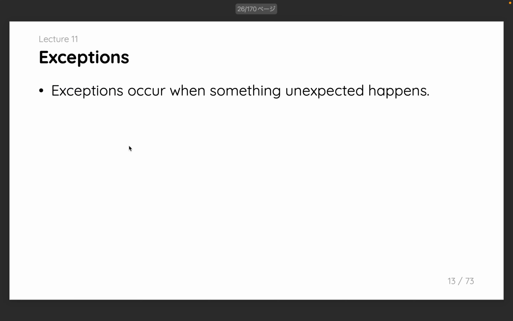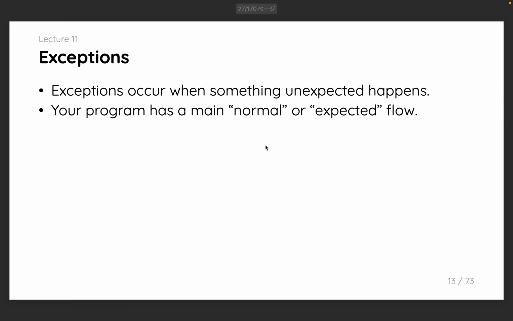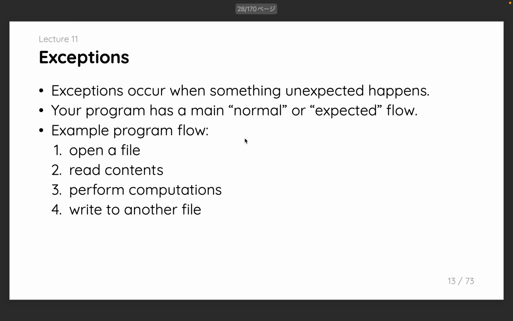So what are exceptions? Well, in Python, exceptions occur when something unexpected happens. Or in other words, you do something illegal. So in Python, there are legal things and illegal things.